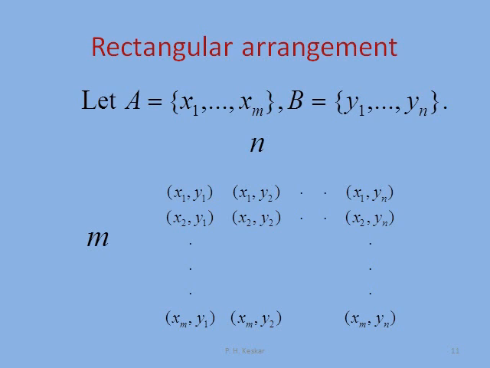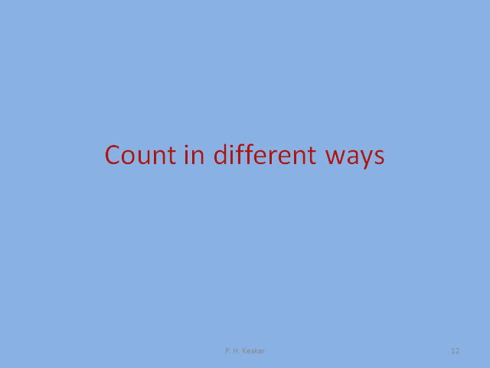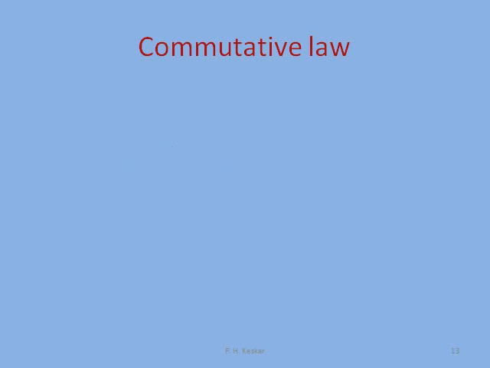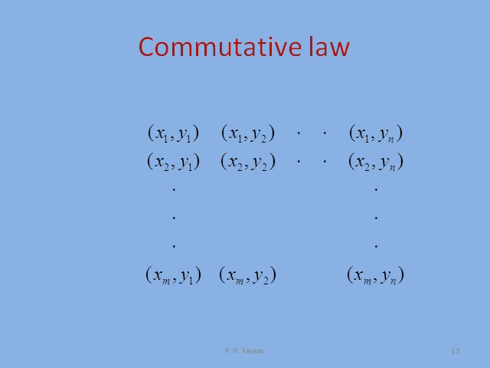And this helps because you can count this rectangular arrangement in different ways, and that leads to important results. For example, the commutative law for multiplication. If you count row wise, each row contains n items, so there are n items taken m times, so m times n items.